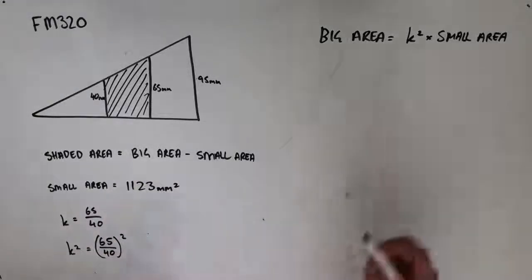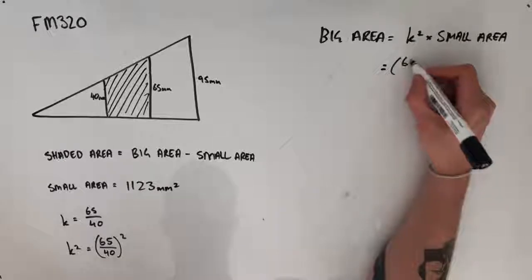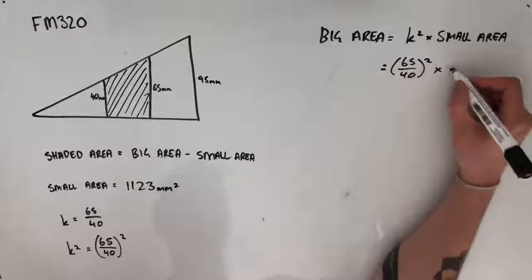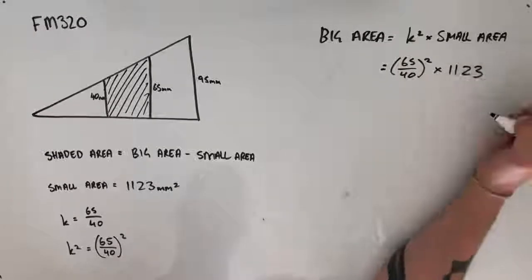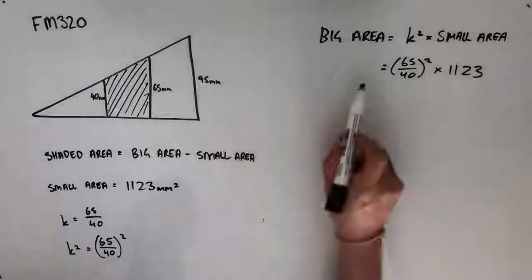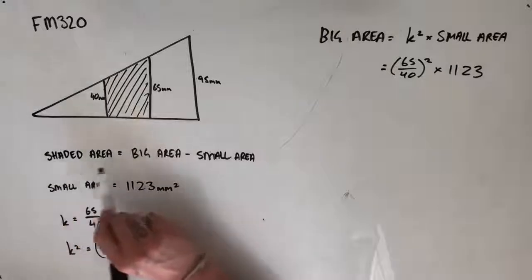So bringing this value of k squared up here, we know that k squared is going to be 65 over 40 all squared, and that's going to be times our 1,123 millimeters squared there. Now from here we don't actually need to solve for this big area because that's not the answer we want. We actually want the shaded area.